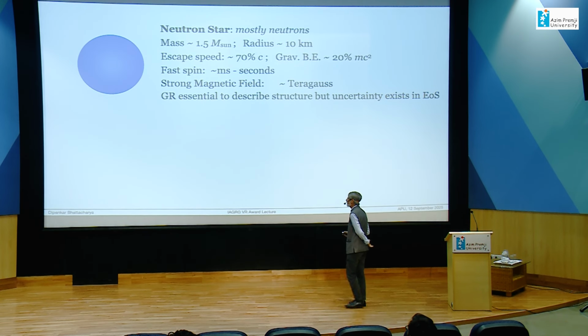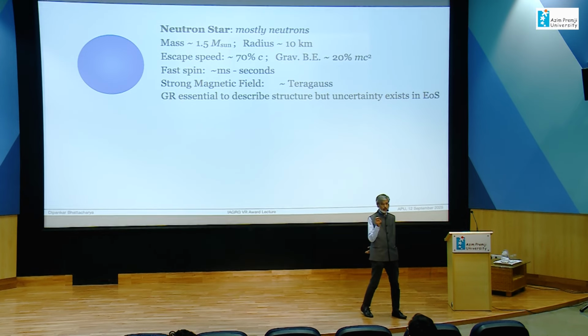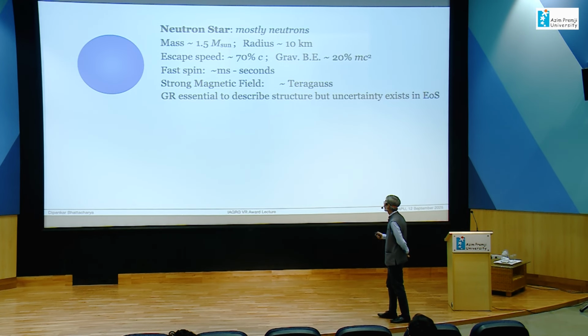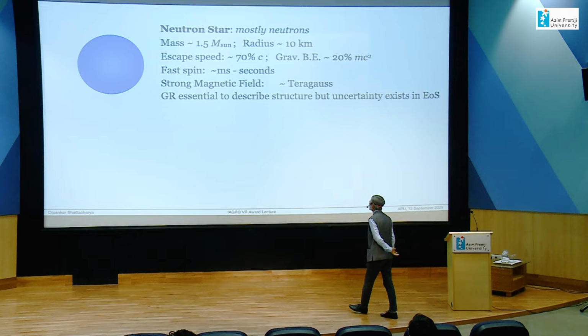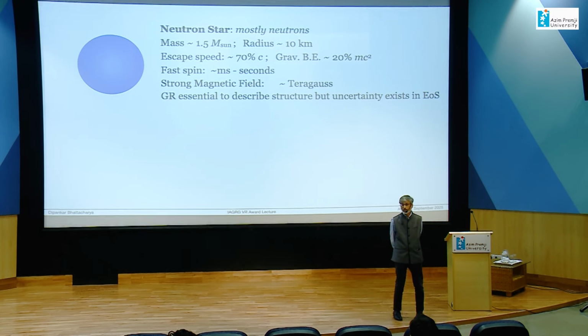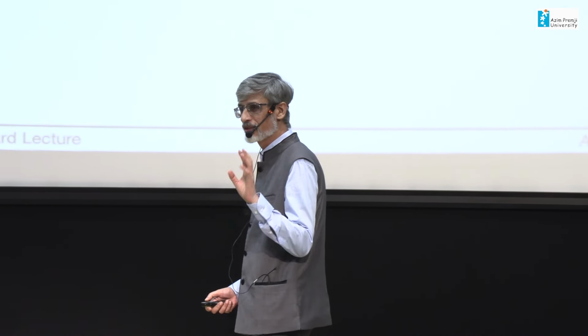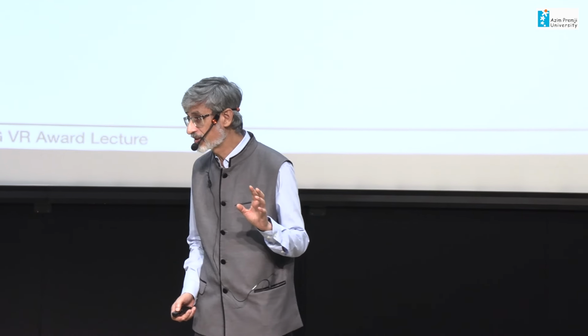Neutron stars also spin, and some of them spin very fast, spinning around their axis on the order of a millisecond. Some spin a bit slower, a few seconds, but imagine the Earth rotates on its axis once every 24 hours.